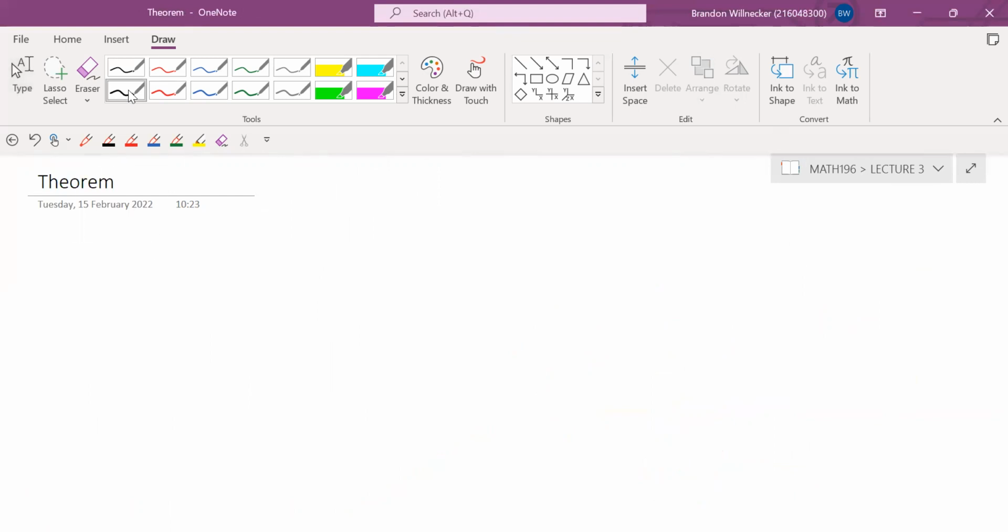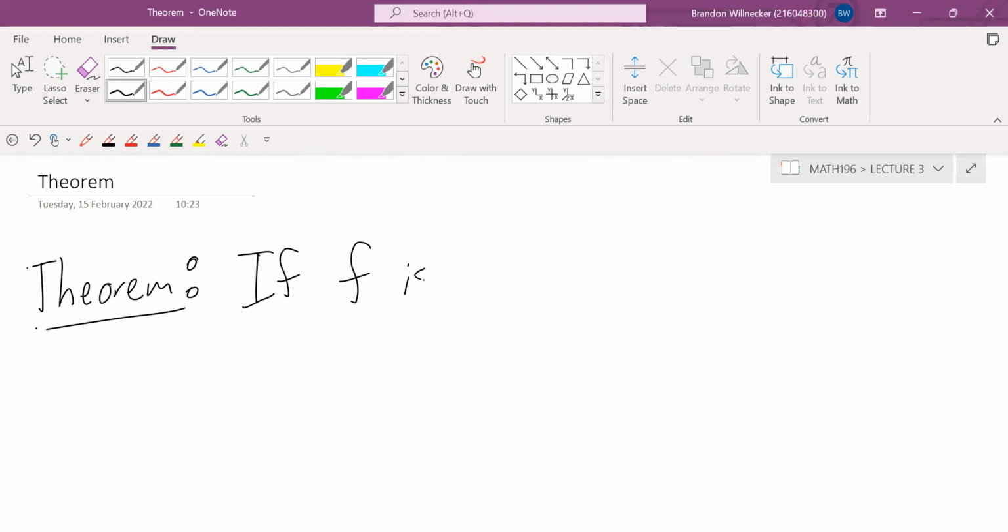Okay, so theorem. If f, so our function f is continuous, okay, we know what that means.